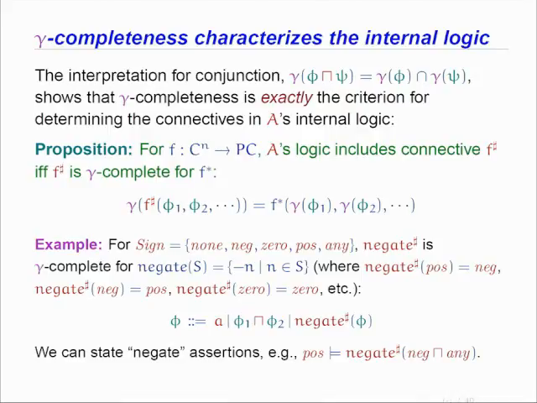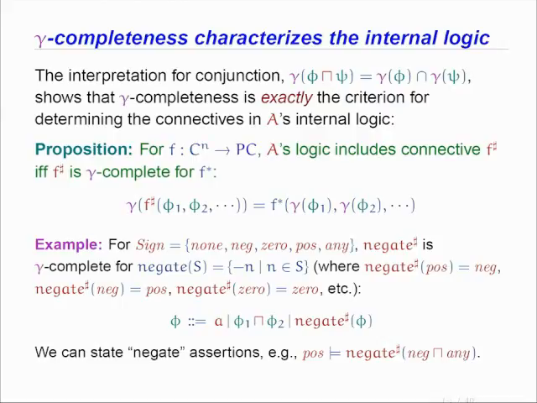This is cool. The negate sharp operation is a logical connective because it is a gamma. Gamma acts as a homomorphism, gamma completeness with respect to neg sharp. And that means you actually have a logical operator, a logical connective that could be of use to you.